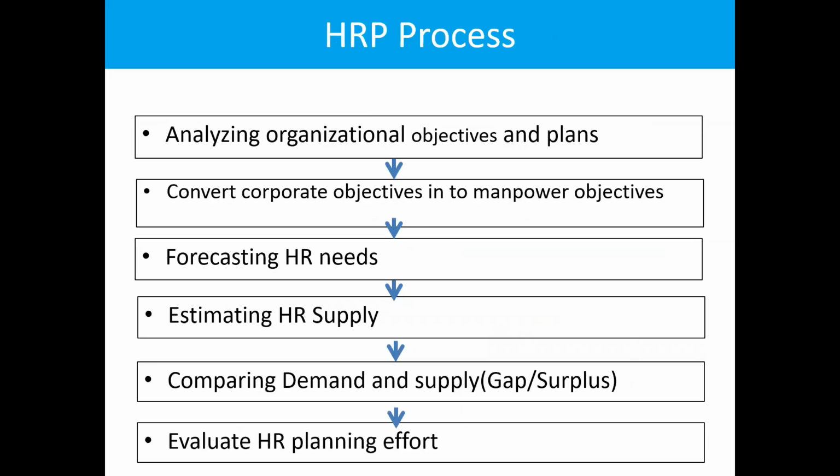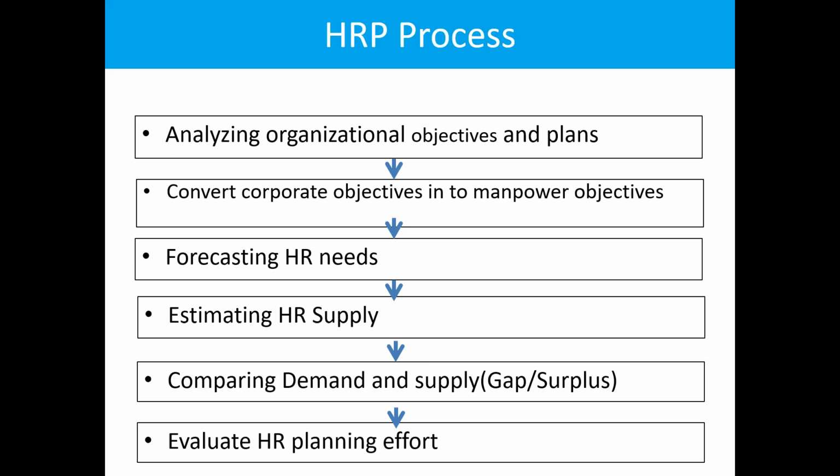Then the HR planning process, the HRP process. Initially we need to analyze current plans and objectives. We need to look at what our plans are for the next 5 years, what our strategic objectives are according to our corporate plan. So we need to look at that first. Then based on that, convert those objectives into HR plans, human resource objectives.